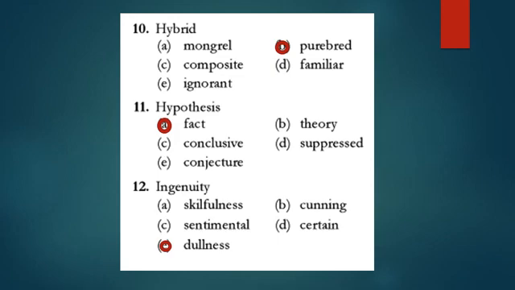Now ingenuity. Ingenuity means the quality of being very clever, very skillful. So the opposite of that will be dullness. That's E. Cunning, again clever. And certain, sure; sentimental, very emotional. So the right answer will be E, dullness.